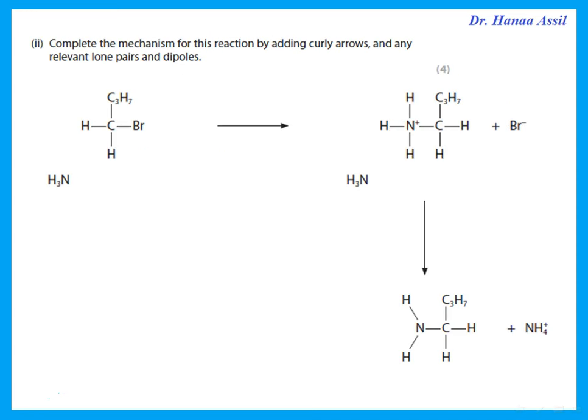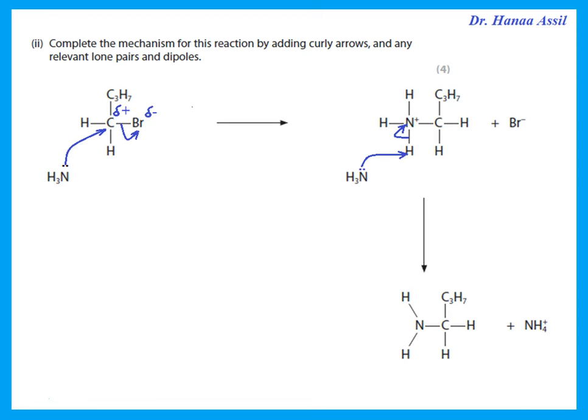Then he says complete the mechanism for this reaction by adding curly arrows and any relevant lone pairs and dipoles. So the ammonia is attacking at the C-Br bond. You realize that this is a nucleophilic substitution, so the lone pair of electrons from the nitrogen will attack the slightly positive carbon because the Br would be slightly negative, so the electrons go to the Br.